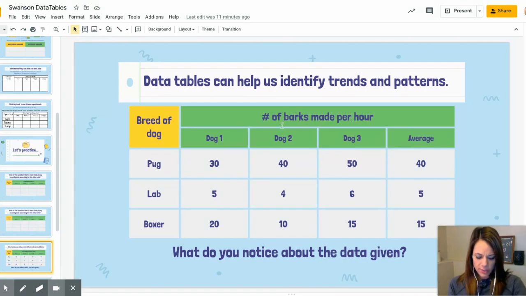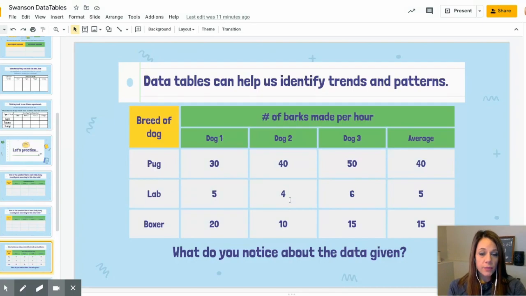And it looks like we've got 3 dogs for each of these breeds. So what this person was counting, or what this investigation was, is how many barks each breed does in an hour. And they've got 3 of each of those breeds of dogs.